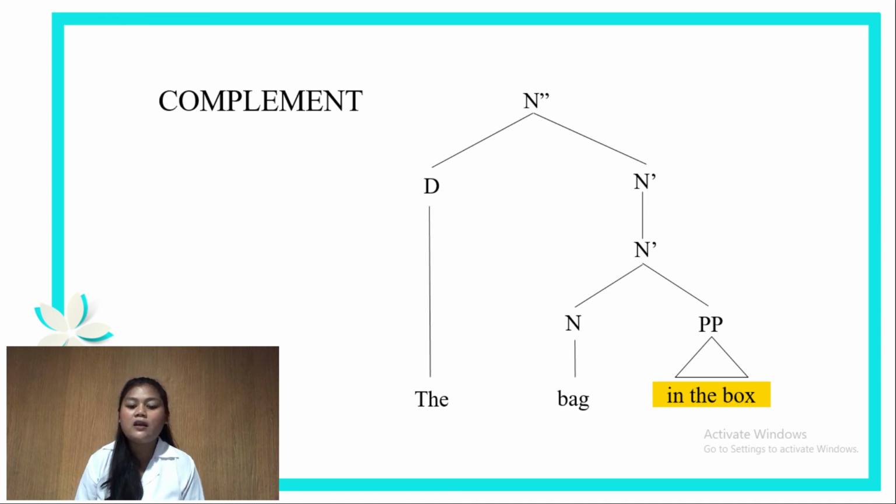The determiner here is the. N bar branches into N bar, and this N bar branches again into noun and prepositional phrase. Here, bag is the noun, and in the box is the prepositional phrase.